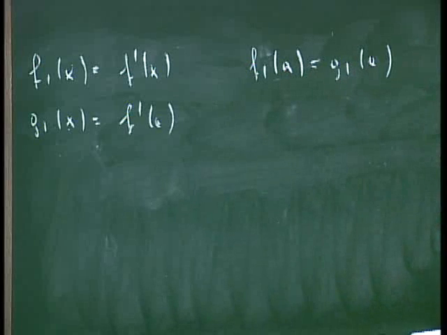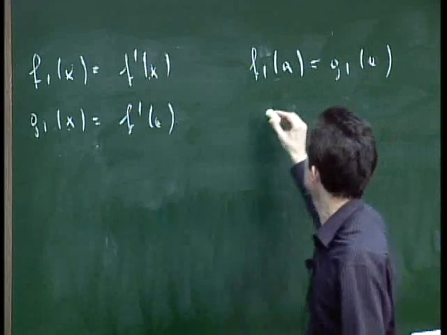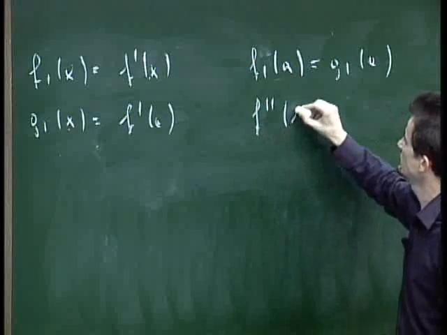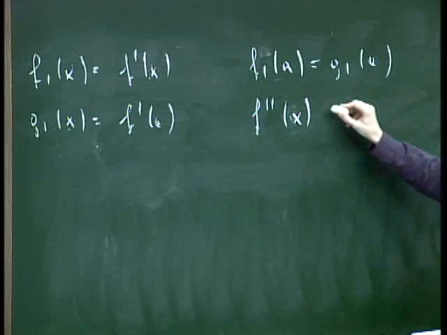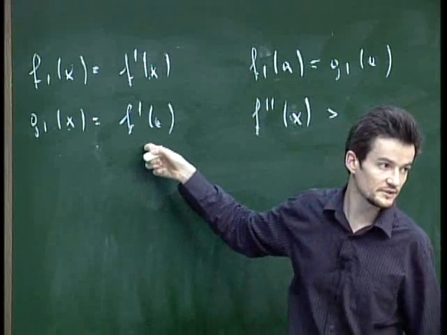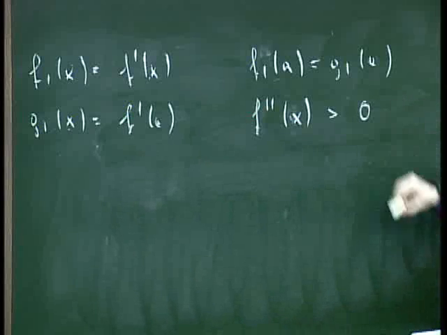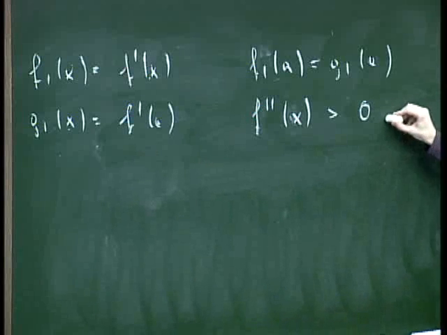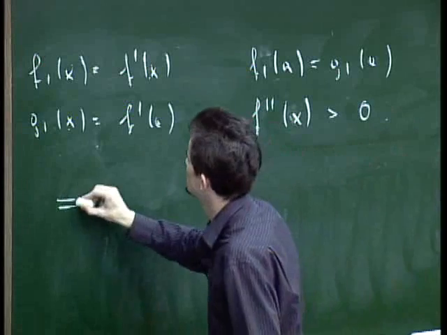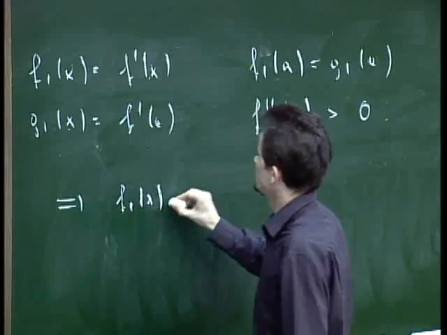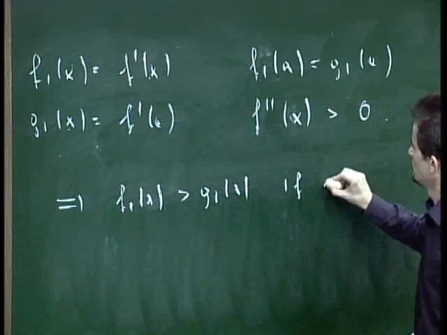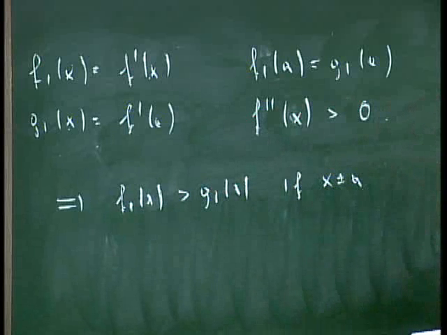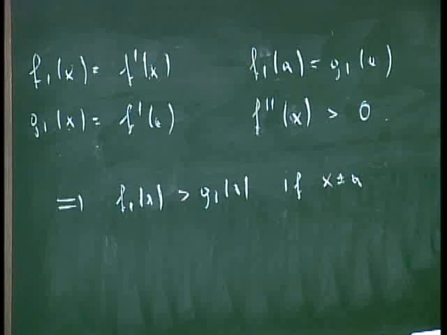And you see that if you take the derivative of this function, what you get is the second derivative. By definition, the second derivative is larger than the first derivative of this function, which is 0. So here this is by definition. So I get from here that f1 of x is indeed larger than g1 of x if x is not equal to a, and this just means this here.